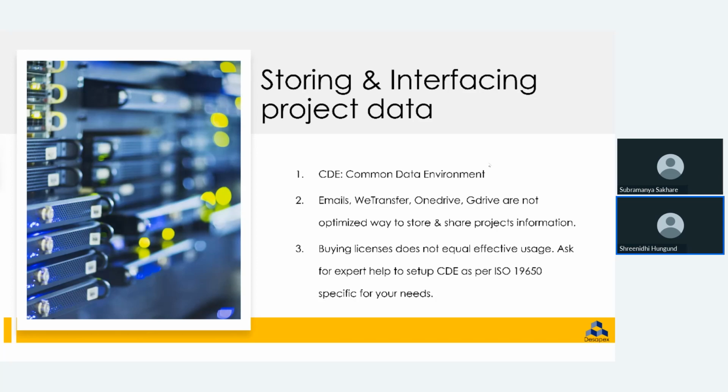So I think people should be vocal in asking for help. We don't ask for help enough to configure the CDE, or to use the available specifications. ISO 19650 is a wonderful standard which elaborates all the common use cases of BIM, and also how the common data environment has to be configured.